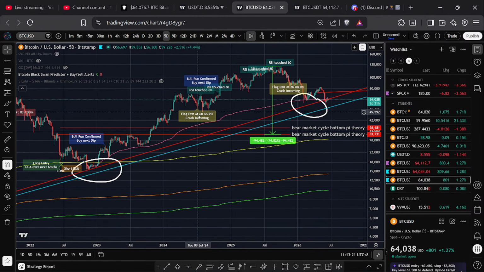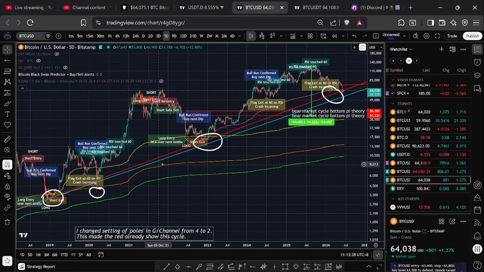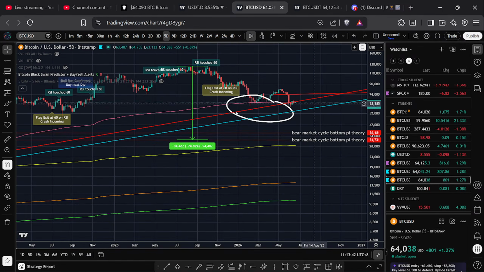It predicted the black swan. It predicted the crypto crash. And as you can see, it hits the longs right at the bottom, and then the bull run's confirmed. So here it hasn't done it on the 5-day. On the 4-day, as you can see, it had.